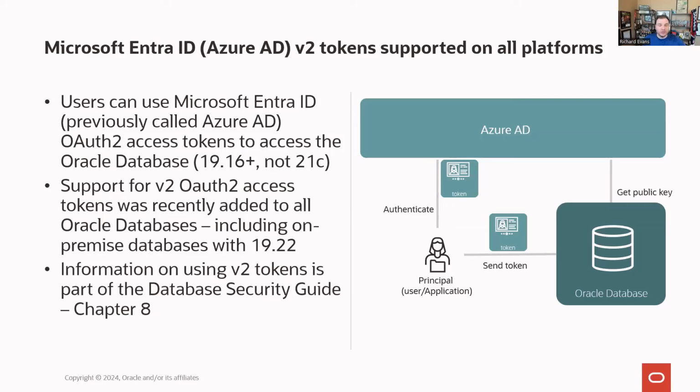If this is something you're looking into, Alan Williams and the team have been working on the documentation, so you can check out the Database Security Guide. Chapter 8 talks about how to use these tokens and how to integrate tokens with your Oracle database environment. If you have questions or you want to hear from Alan directly, feel free to reach out to me and I can put you in touch with Alan and he can talk about this super cool project that he's working on with tokens in Azure Active Directory.